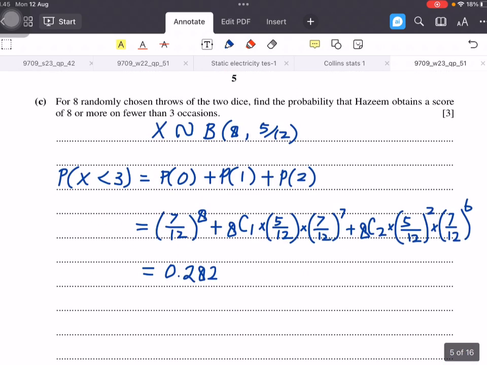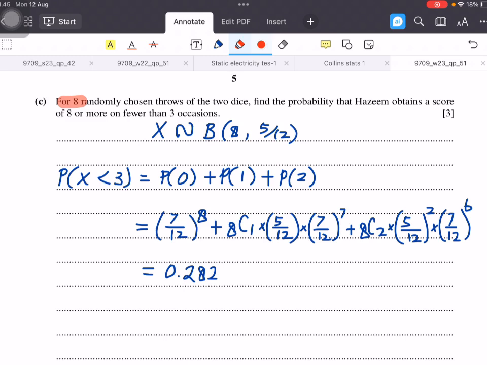Part C. For a randomly chosen throws of the two dice, find the probability that Hazim obtains a score of 8 or more on fewer than 3 occasions. So now we have 8 independent trial, fixed trial.